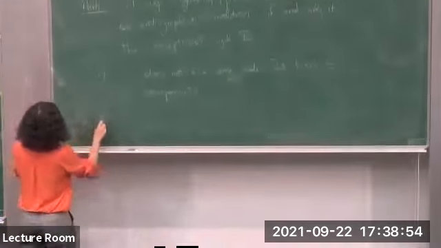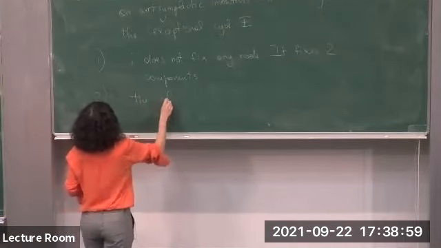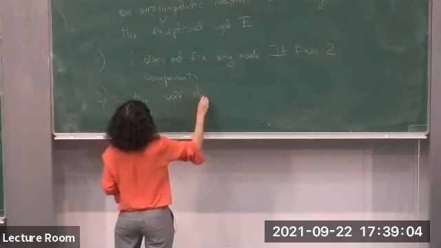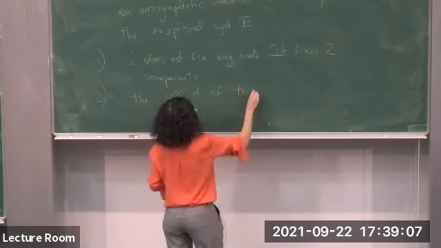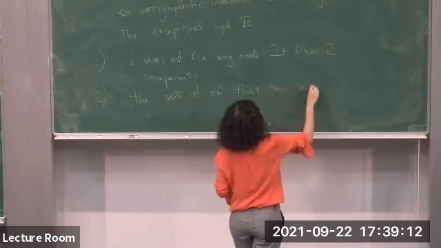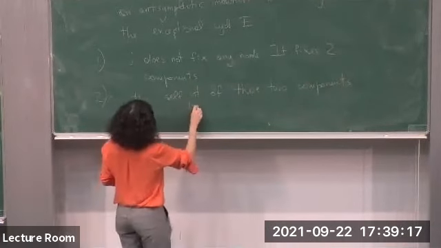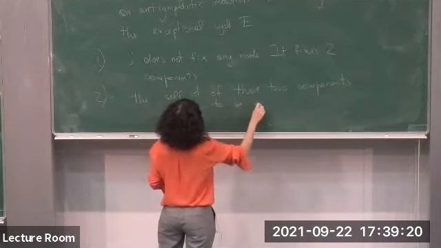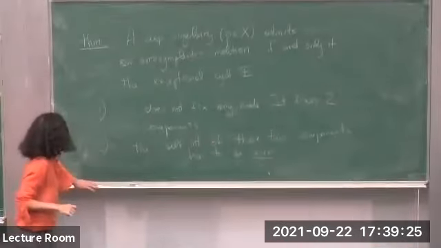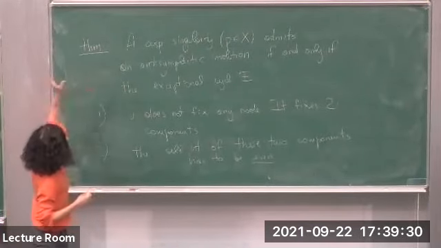And then the second is these two components, so the self-intersections of these two components has to be even. Okay, so these are the two conditions. So here there's one way, this is an if and only if, right?